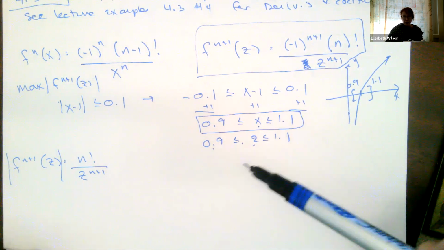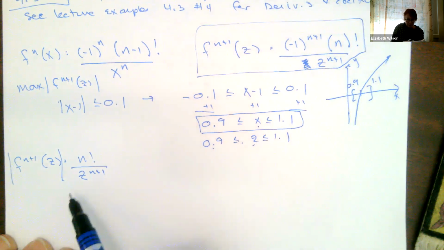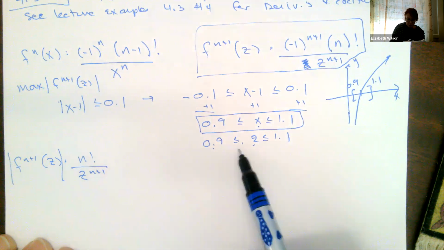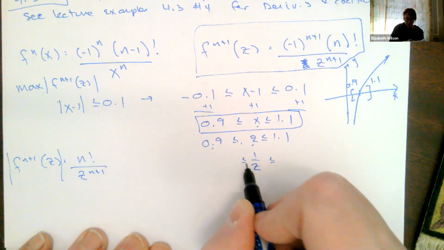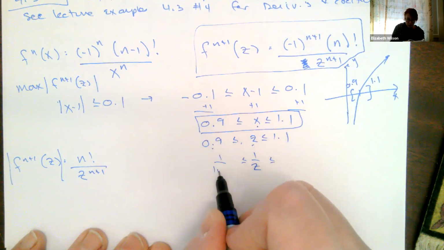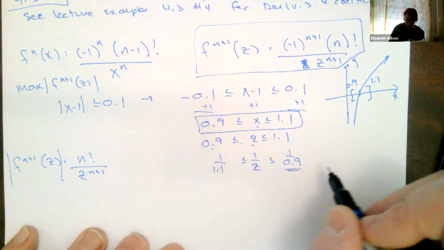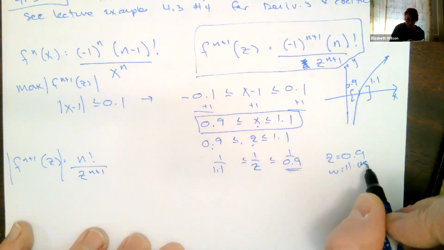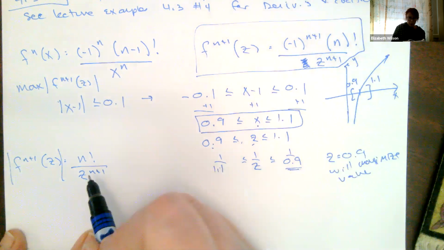But before I can evaluate what value of z is going to maximize my derivative, I need to say, well, this is 1 over z. Well, 1 over 1.1 is smaller than 1 over 0.9. So 0.9 will maximize our value. So I'm going to plug in 0.9 for z here.